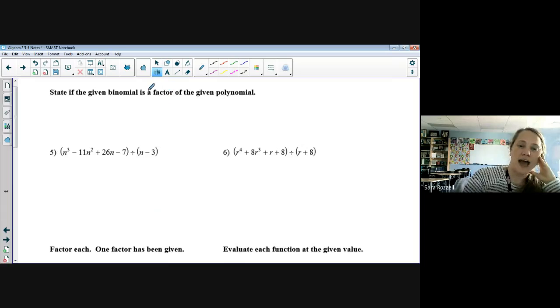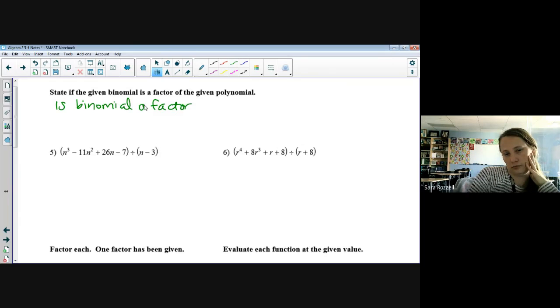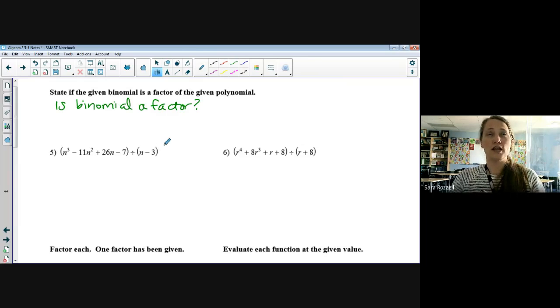So sometimes you'll be asked if the binomial is a factor. If you're asked that question, you do synthetic division and you check the remainder. What should the remainder be if something is a factor? A factor means it divides evenly.